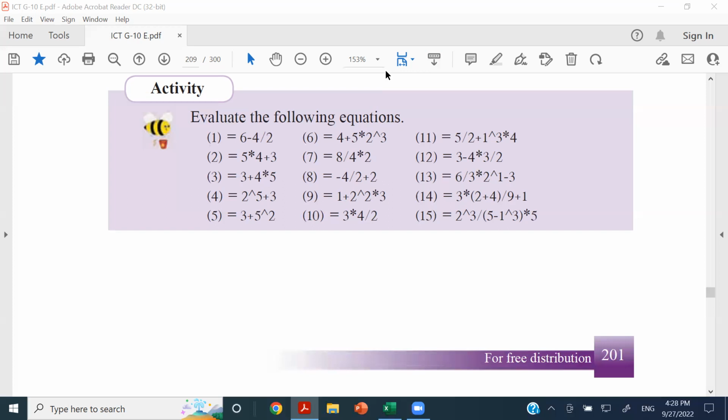Sir, the exponentiation, sir. So is it 2 to the power 2, like? Yeah, it's something like that. It explains the power.